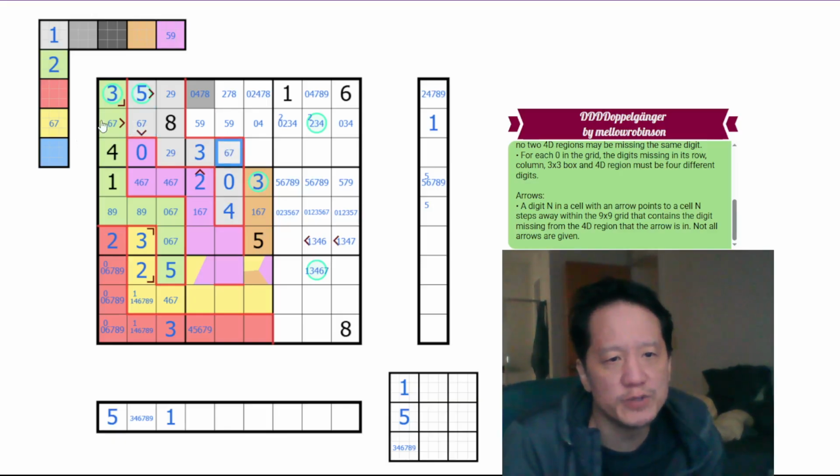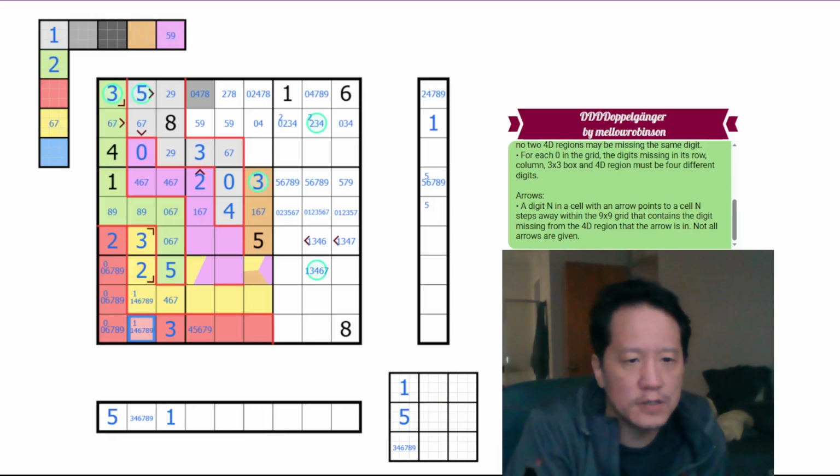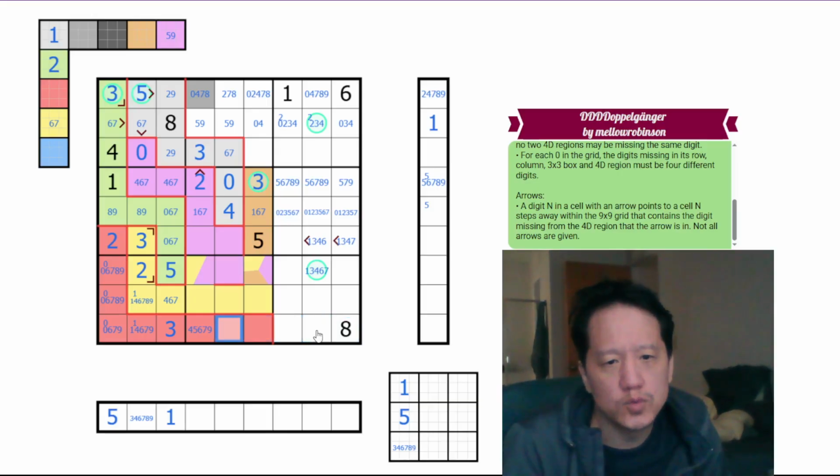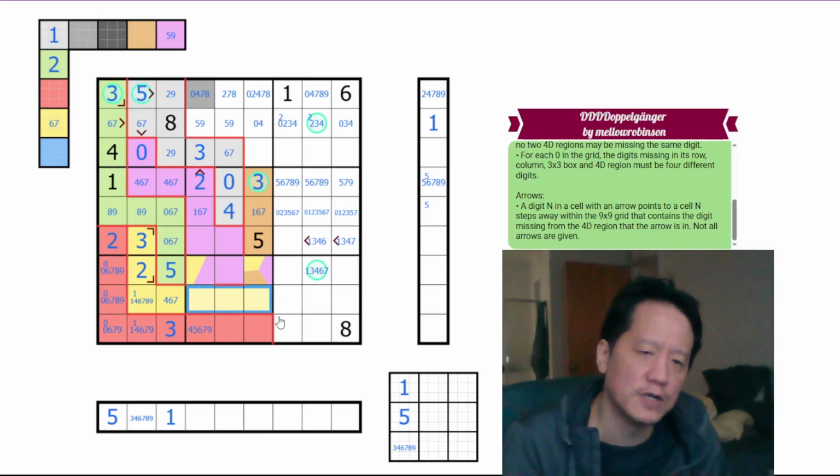So this digit must be the same as that digit. No 8 here or here because of 8 in the row. Three cannot be in the rest of yellow.